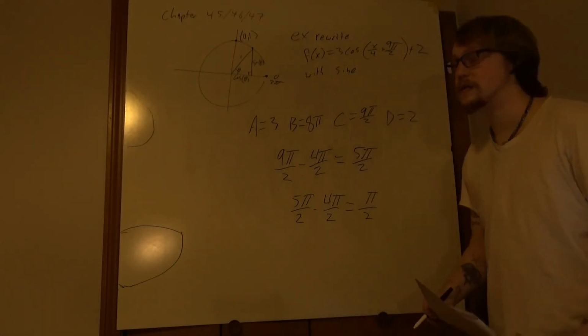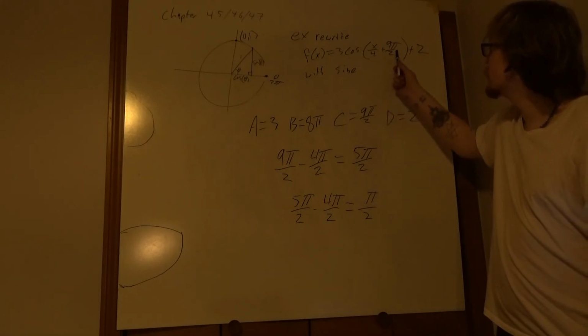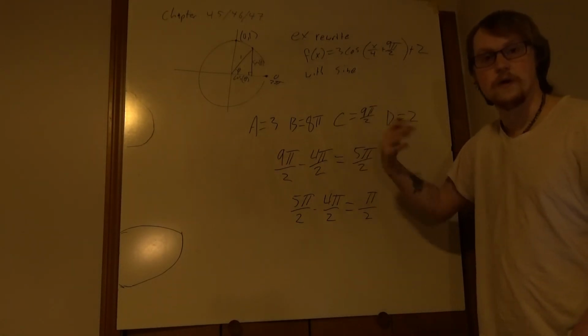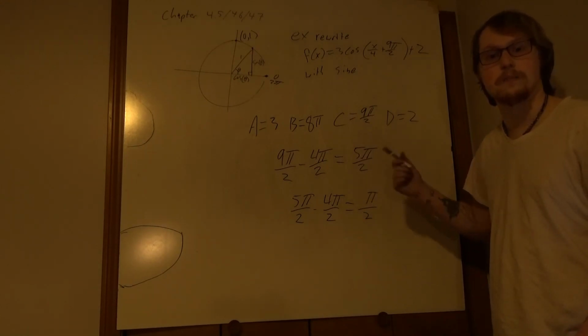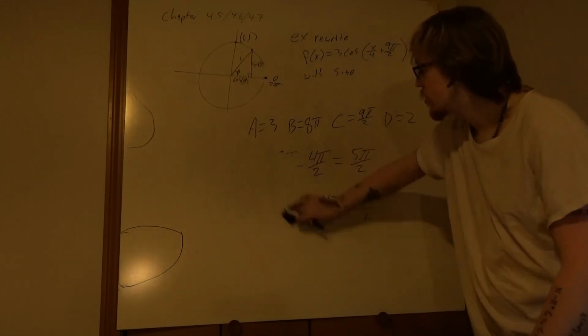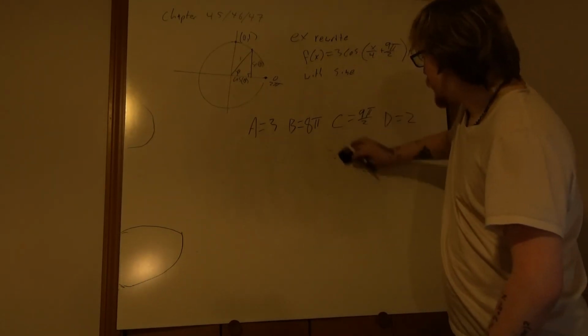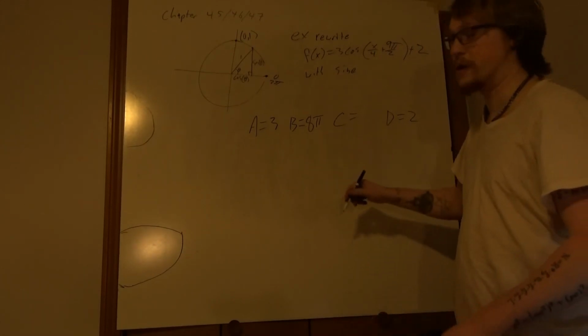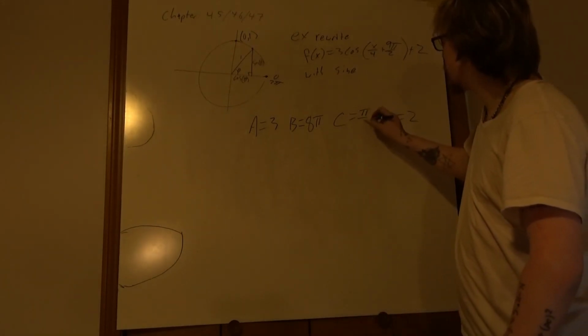So you find that even though we have a phase shift of 9 pi over 2, when we figure out what the remainder is, basically by dividing by 2 pi, it's pi over 2. So, since everything else is going to be equivalent under that remainder, I'm just going to rewrite C as pi over 2.